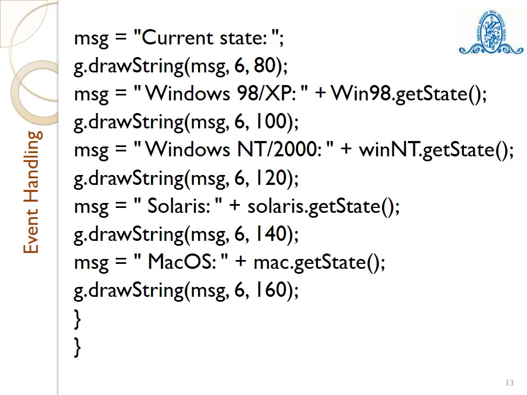Then next, message is equal to "Windows 98/XP: " plus win98.getState(). This getState method gets the state of the win98 checkbox.